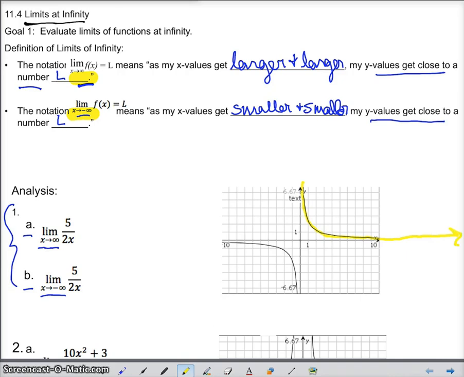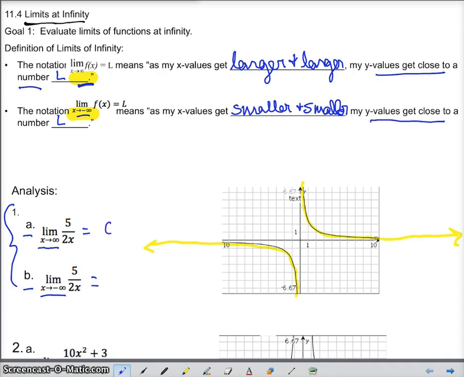I want you to take a guess at the limit. As x gets bigger and bigger, as it approaches positive infinity, what does it look like y is approaching? And then I'd like you to do the same thing for B. As x approaches negative infinity, or as x gets smaller and smaller, what does it look like y is approaching? Take a guess.